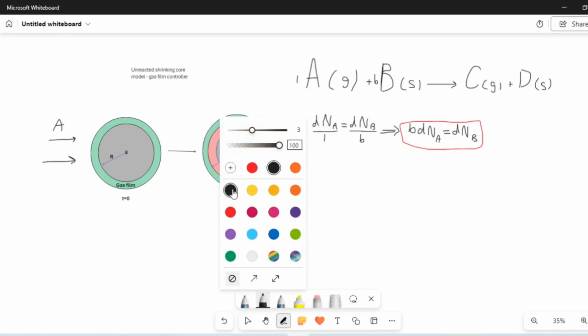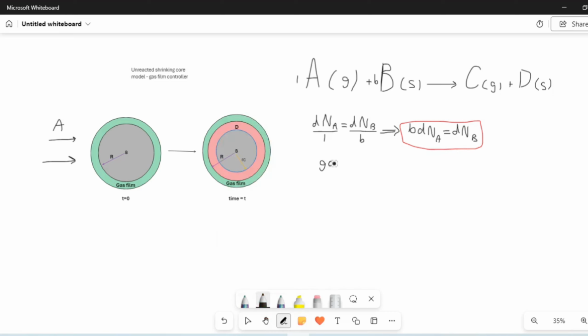Next, we consider the flux of mass transfer for the gas film, which I denote by Q. The flux represents the rate of reaction in relation to the surface area.